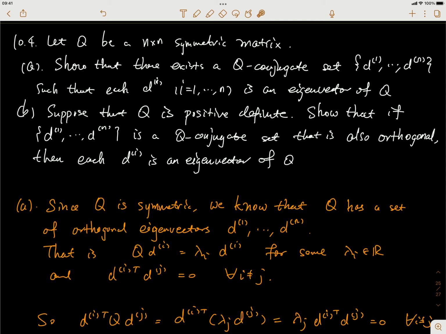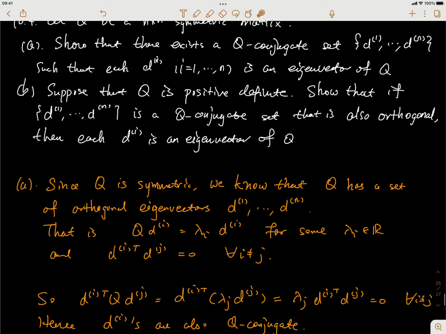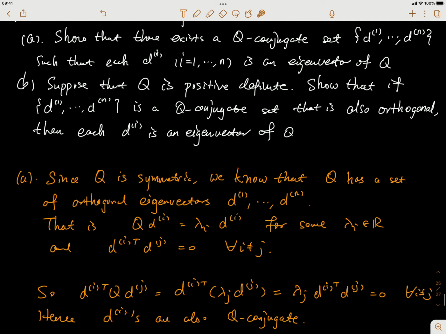Okay, so for part A, since Q is symmetric, we know that Q has an eigenvalue decomposition, meaning that we can find n orthogonal eigenvectors, and every one of them has a corresponding eigenvalue, which is real.